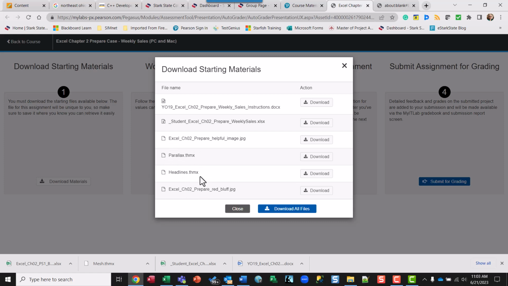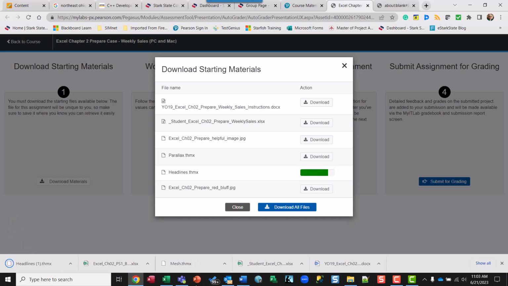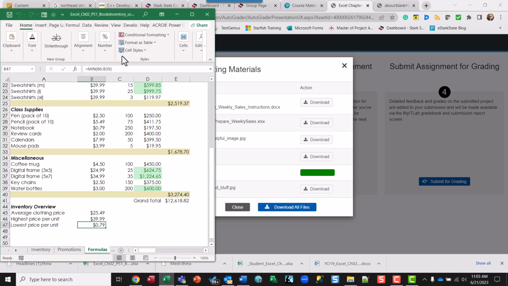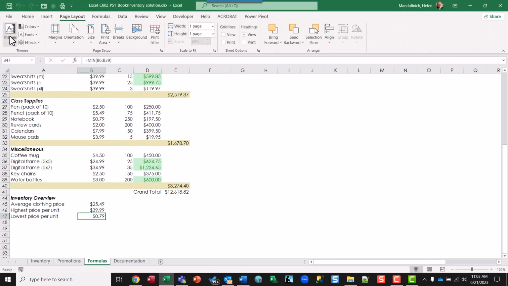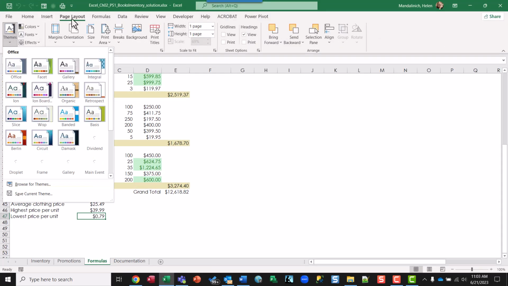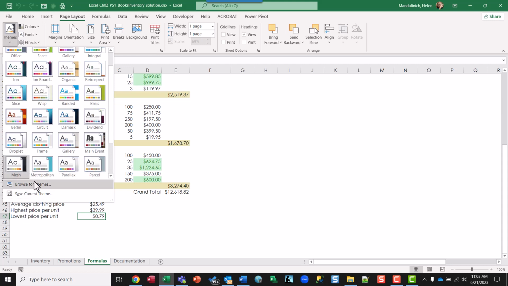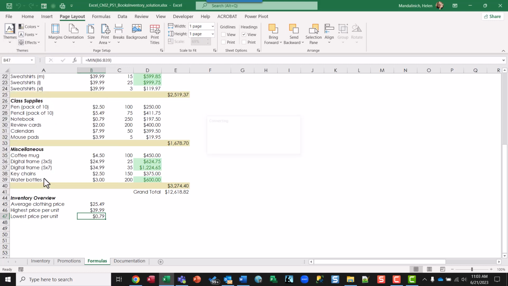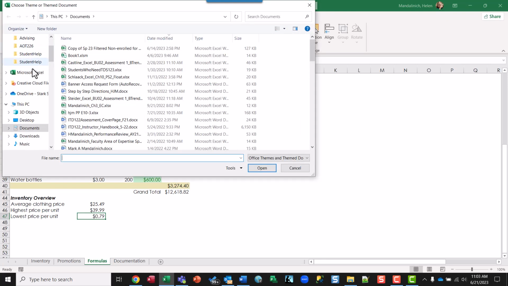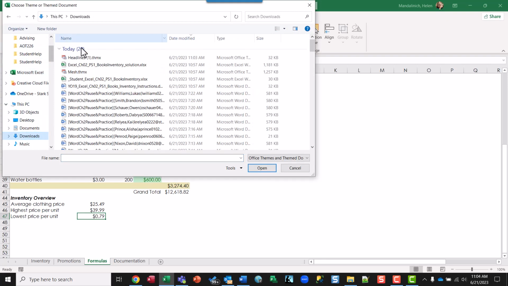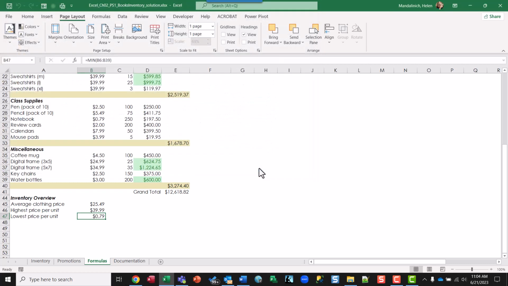So if you didn't download this one, you would just download it, and then, so I'm going to download it, and then when I'm in Excel and I want to do a theme, I can go here, page layout, themes, and then browse for themes. And since that file was in my downloads, I would just go to downloads, and there would be the headlines, and you could pull it in.